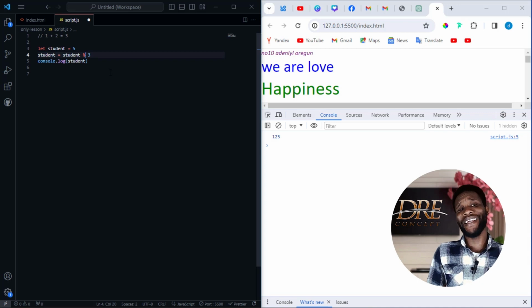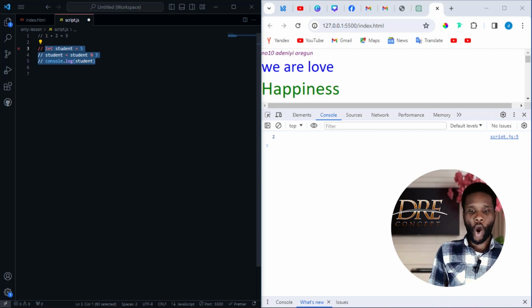And the sign here is just our percentage sign. So let's see what it's going to give us. It says 2 because 2 is remaining. As I said, the remainder is what will be our result. So when you divide 5 by 3, it's going to give us 2. That's the remainder. So that's it regarding operators.